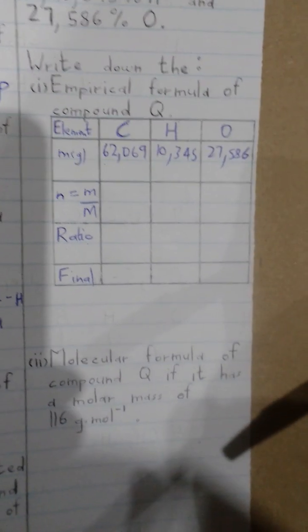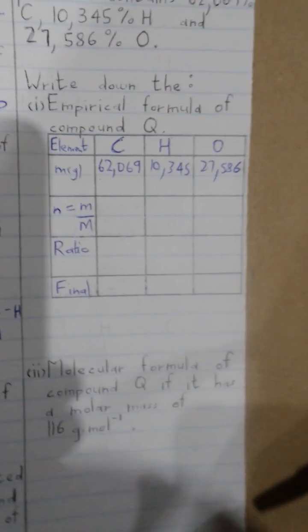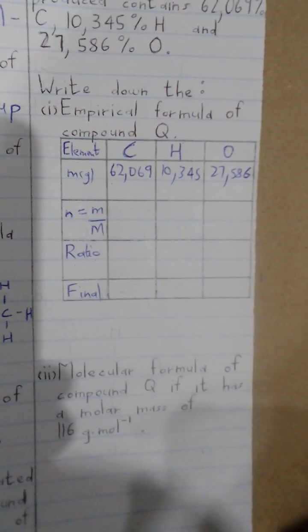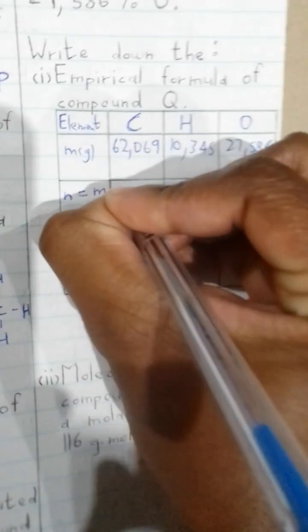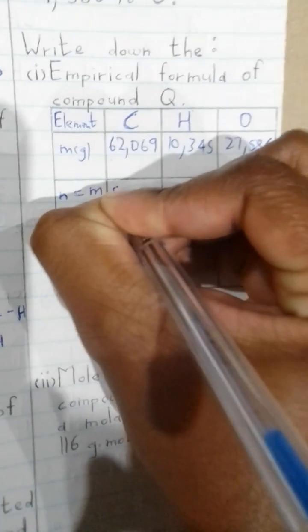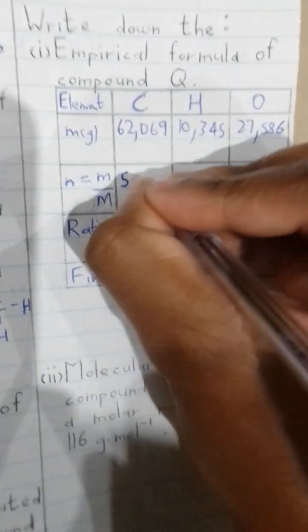It's mass over molar mass. So for carbon, it's going to be 62.069 divided by molar mass 12, which is 5.1724.